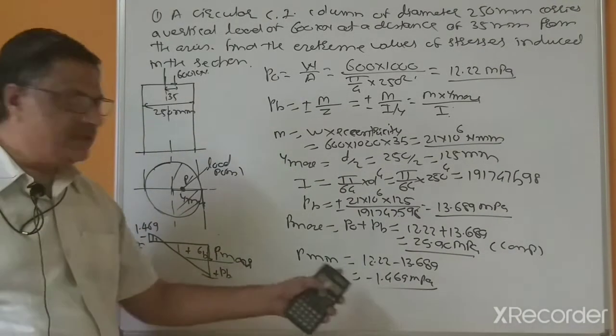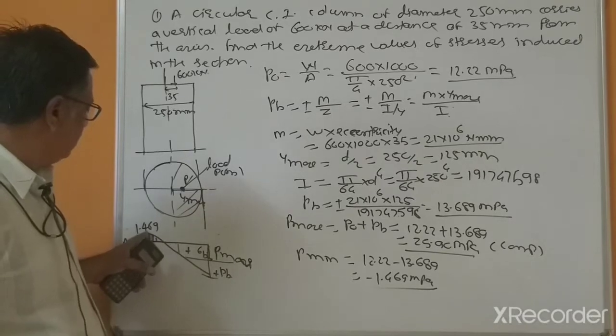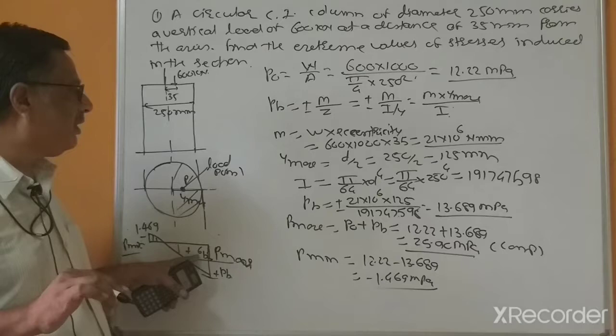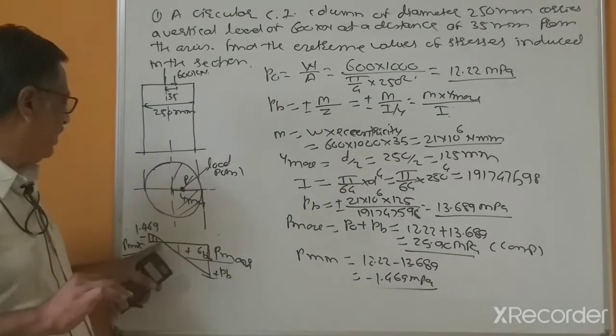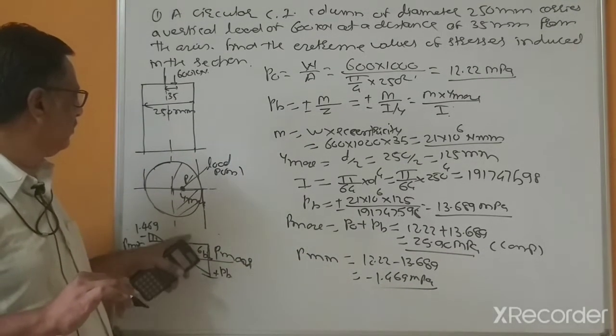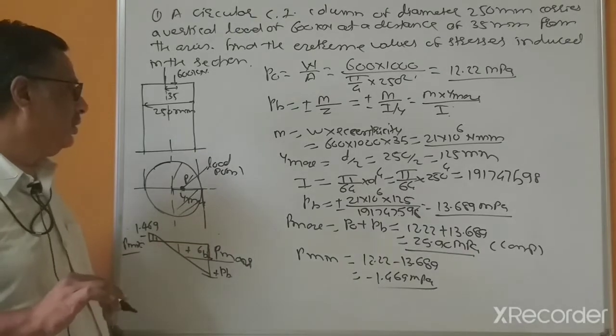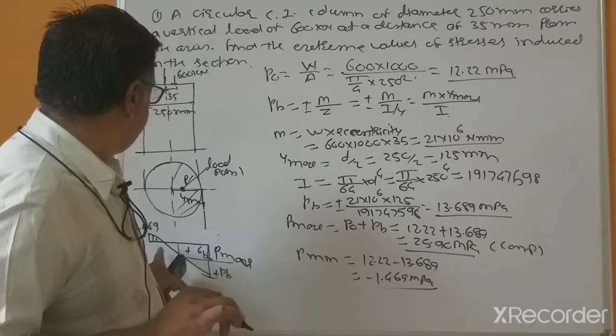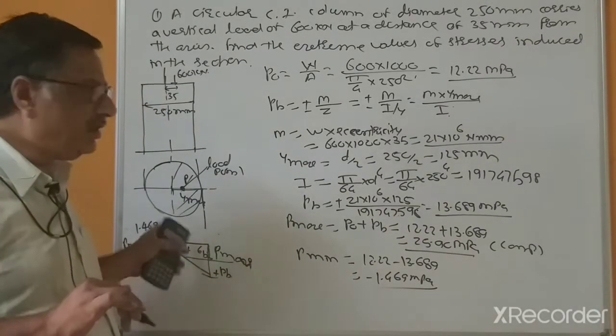Try to understand why this is a negative sign. Negative sign means it goes to the other side, because sigma b equals 13.689 and the direct stress is 12.22, so it goes slightly into the negative side.